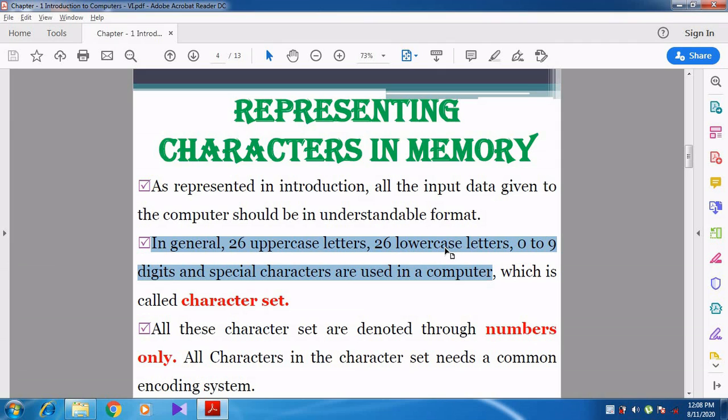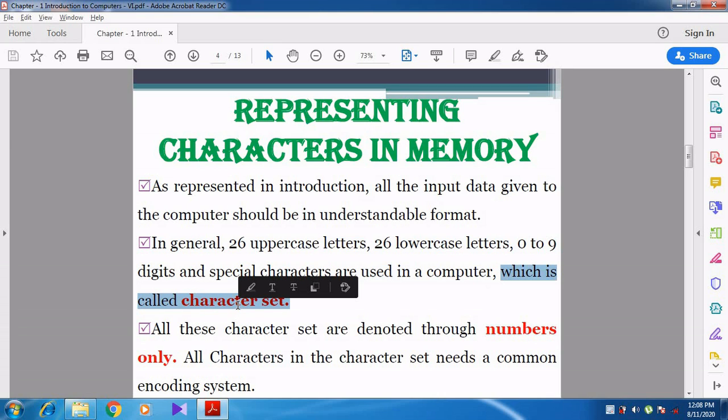Uppercase represents capital letters, lowercase represents small letters. So 0 to 9 and special characters are used in the computer. This is called the character set.